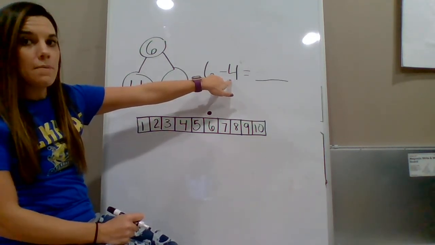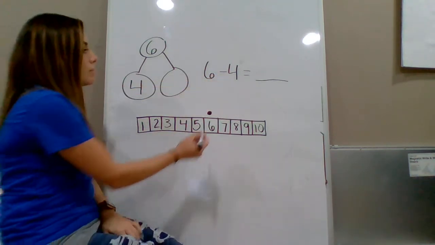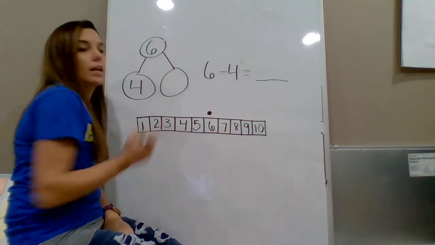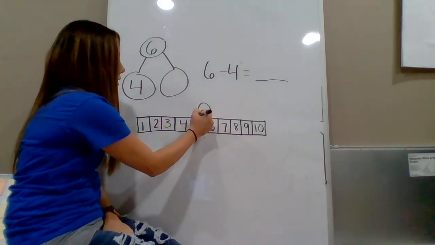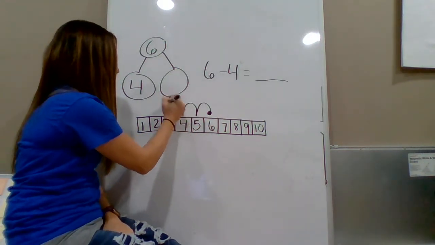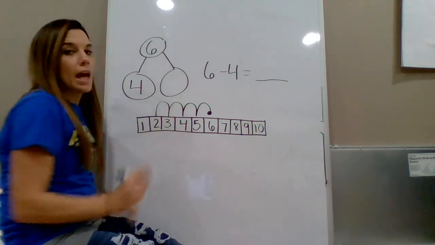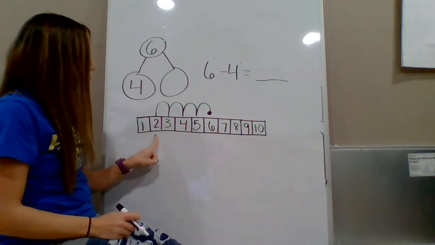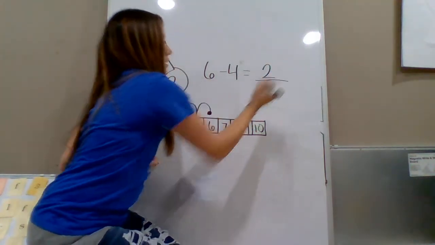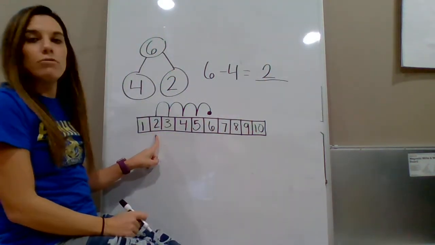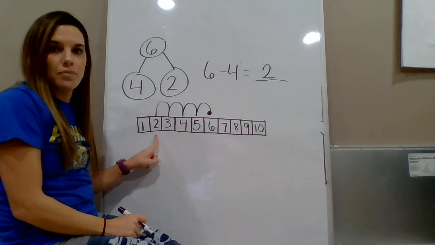Do you see why? Okay, so I'm going to start at the 6 and I'm going to do 4 bunny hops backwards. Count with me. 1, 2, 3, 4. I end up at the 2. So, that's my answer. 6 minus 4 equals 2.